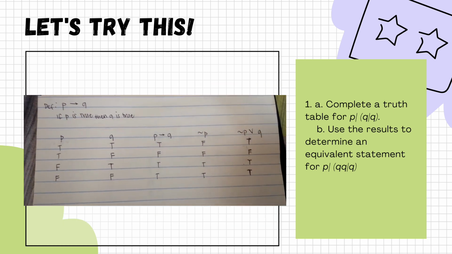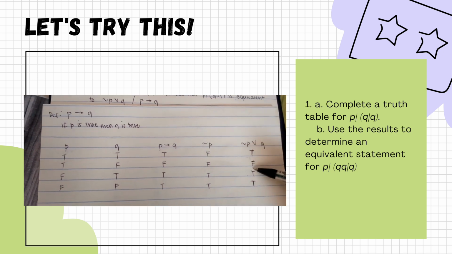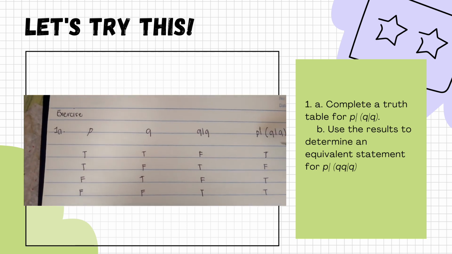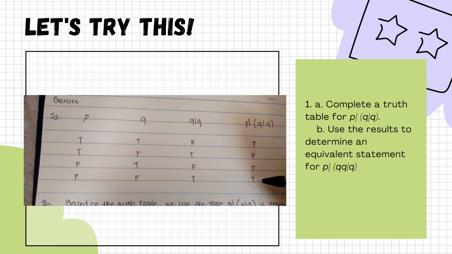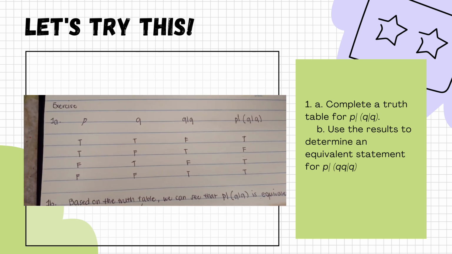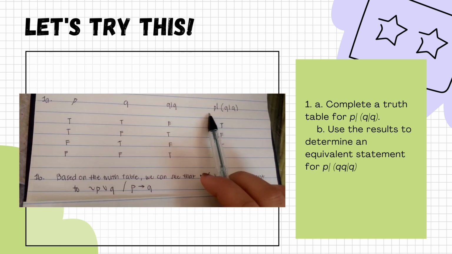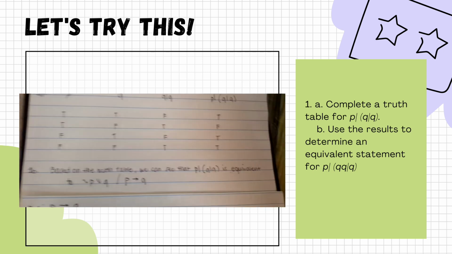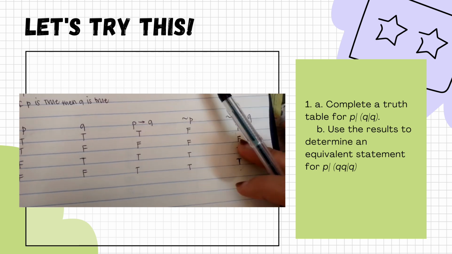So now, we now have here a truth table of not P or Q, which is true, false, false, true, na nagtugma doon sa previous truth table natin ng P NAND, Q NAND Q. So, ang magiging conclusion natin, or ang magiging sagot sa question 1B is, based on the truth table, we can see that the P NAND, Q NAND Q is equivalent to not P or Q because same lang sila ng truth table. Kaya we can say na they are equivalent.